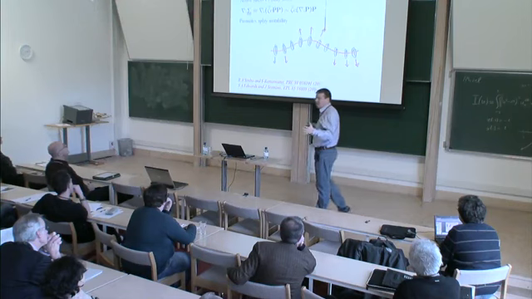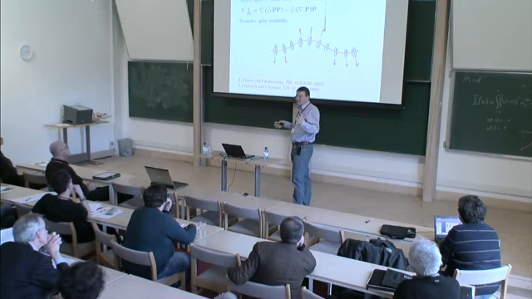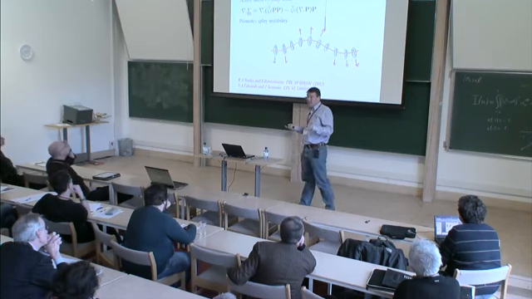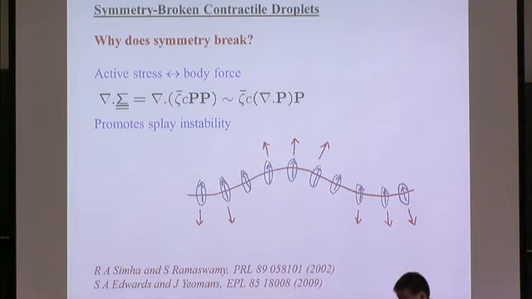So in the bulk, in fact, a bulk homogeneous active liquid crystal, once you add the contractile stress term, is unstable precisely to this kind of distortion. So all we're getting is the same thing inside a droplet. The only difference is that in the bulk, this happens at infinitesimal activity, and in a droplet you need to exceed a threshold before it will happen, because you have a kind of finite size effect to overcome.